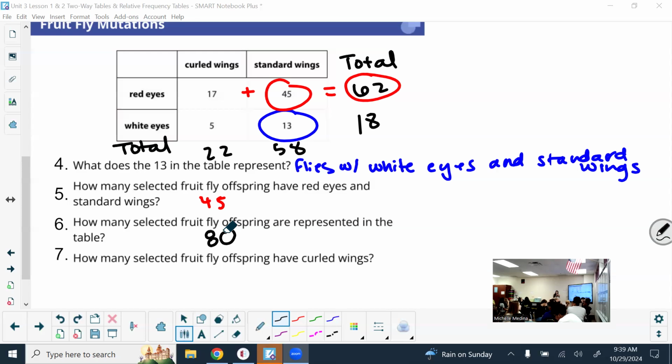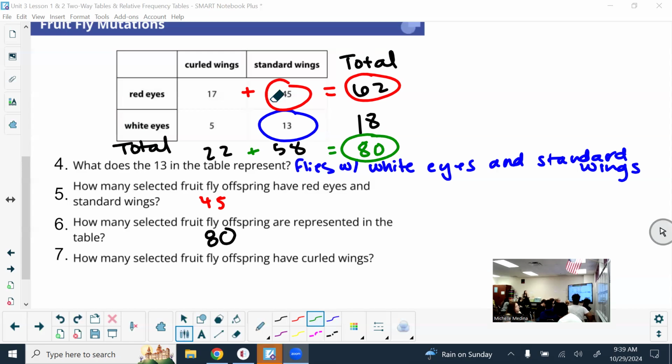Adding the 22 and the 58 gives me that row total, which is 80. And this also happens to be when I add 62 and 18, that's also equal to 80. So if you have a total row and a total column, the amount surveyed is always where the 2 totals intersect.